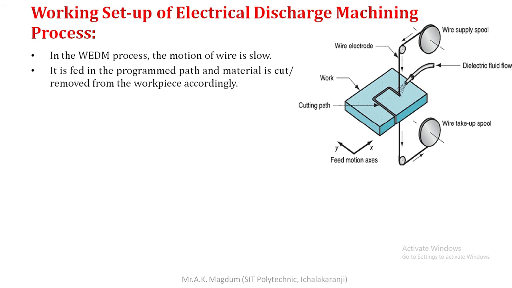Next, it is fed along the programmed path, and material is cut and removed from the workpiece accordingly. We discussed this in the previous construction slide of the wire EDM process: how the CNC works in the wire EDM process. Whatever material we want to remove, whatever programmed path is given to the CNC machine, according to that the wire travels over the surface and creates the profile, whatever the instructions fed to the machine.